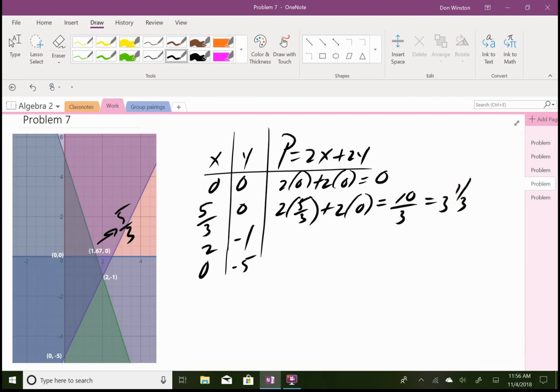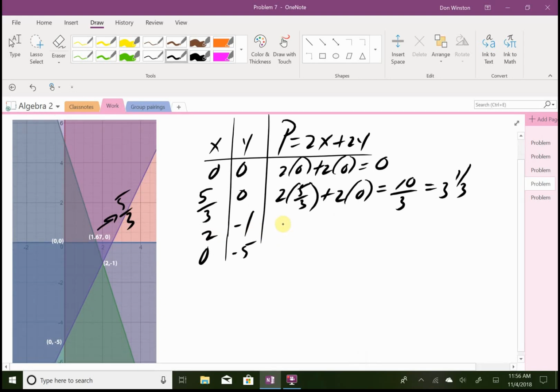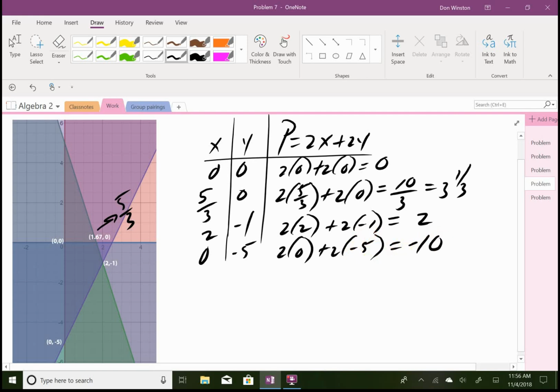Alright, and then for the next point, 2, negative 1. We have 2 times 2 plus 2 times negative 1. So that's 4 minus 2, and that will equal 2. And then the last point, we have 2 times 0 plus 2 times negative 5, and that will equal negative 10.